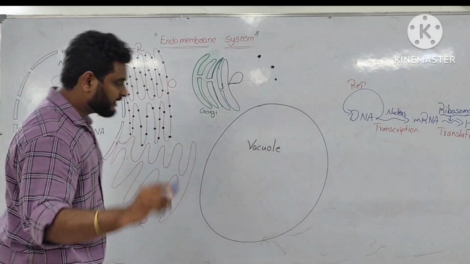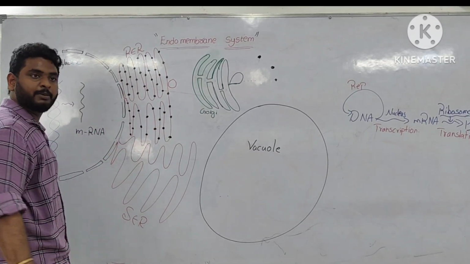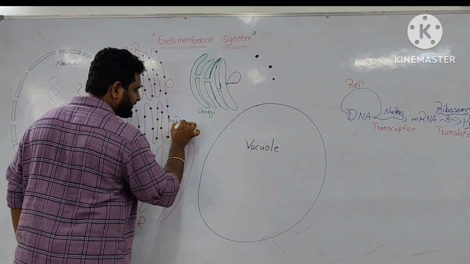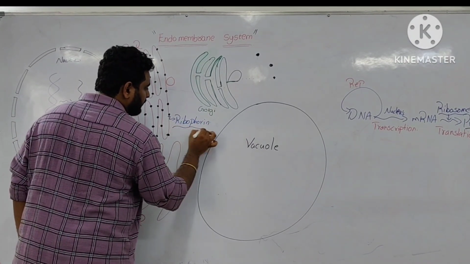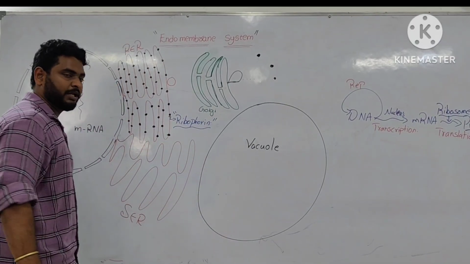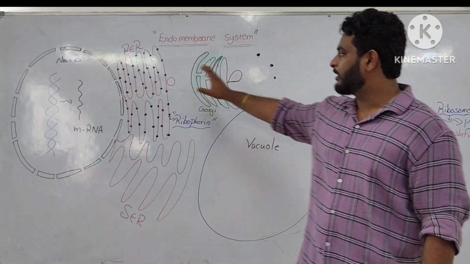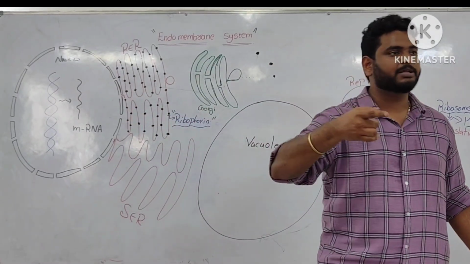Now, an interesting point to remember, these ribosomes are attached to the endoplasmic reticulum by a small protein. This protein is called ribophorin. By the use of this particular protein, ribosomes are attached to the endoplasmic reticulum, which makes the entire endoplasmic reticulum a rough endoplasmic reticulum.